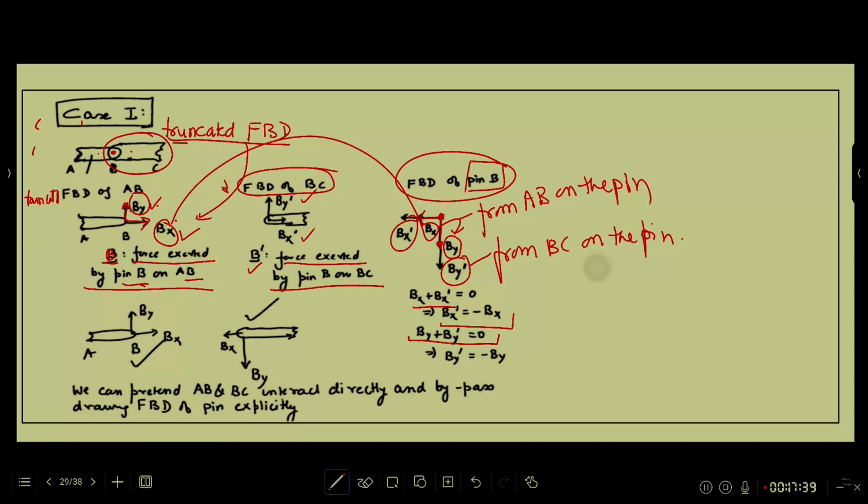Now if I use these two conclusions and come back to this FBD, I can draw this FBD like this, where I have put a force Bx which is equal and opposite to force here, By which is equal and opposite to By here.